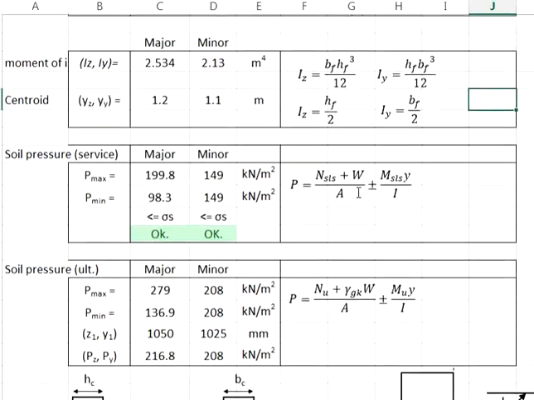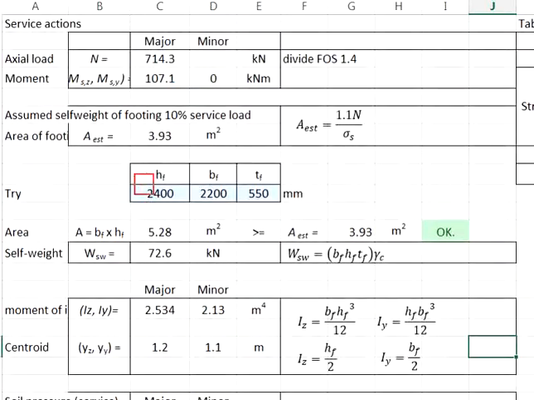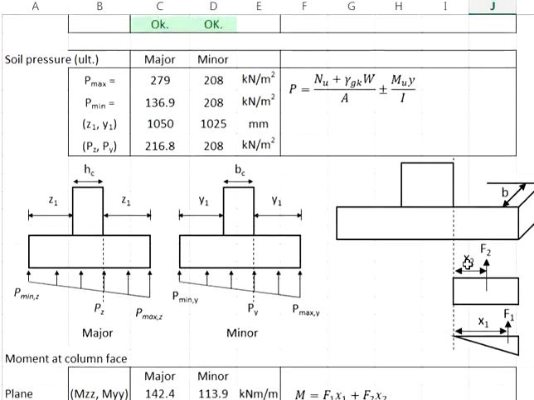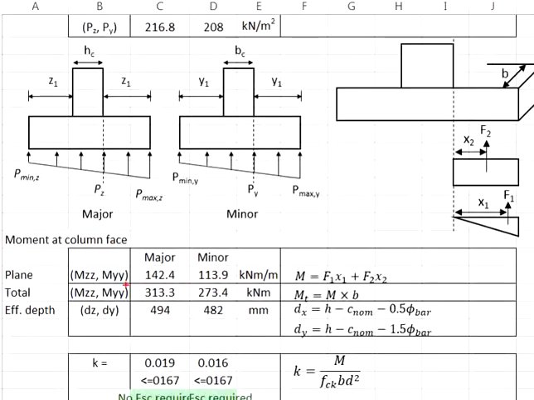And this width will be the 2.4 meter. What you see here, to calculate the total moment, the B you use in the major and the minor axis are not the same. You will need to choose the right B so that you get the correct total moment.